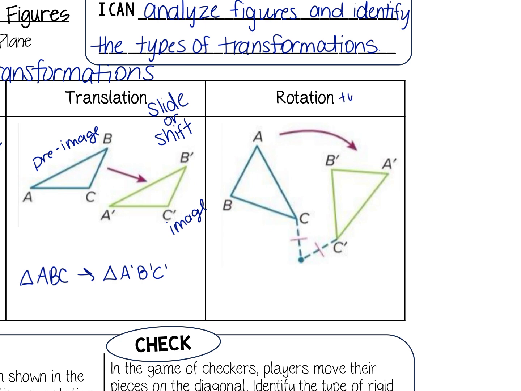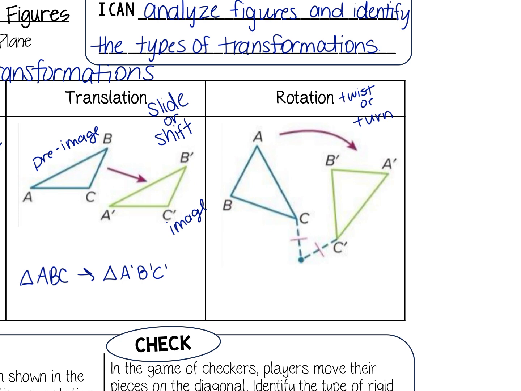So twist or turn. Okay, and you always rotate about a point. So in this case, here's the point that we're rotating about. In this section of notes, the point that we are going to be rotating about is the origin. When we get into the actual transformations chapter later on in the course, that's when we'll look at rotating around points that are not the origin.